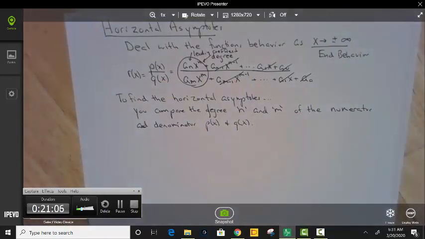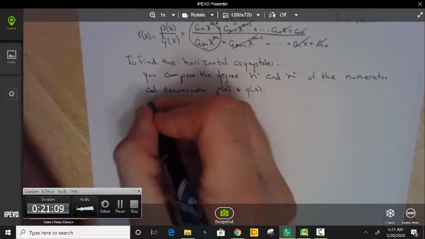Okay, because that's going to tell you how fast the top and the bottom of the function are growing. And so we've got three cases.